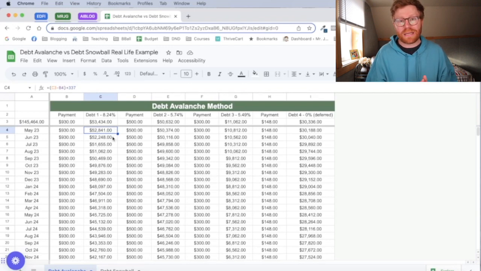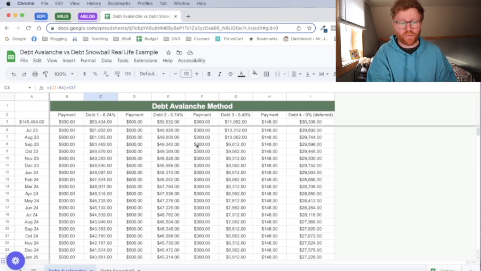And I just did this by taking the total amount of the loan, multiplying it by the interest rate, and dividing by 12 to get the approximate monthly interest that this family would pay on that loan. Is it 100% accurate? No, but when we're making a debt snowball spreadsheet or debt avalanche, we really just want really good estimates. And I've done this for all 4 of these debts.